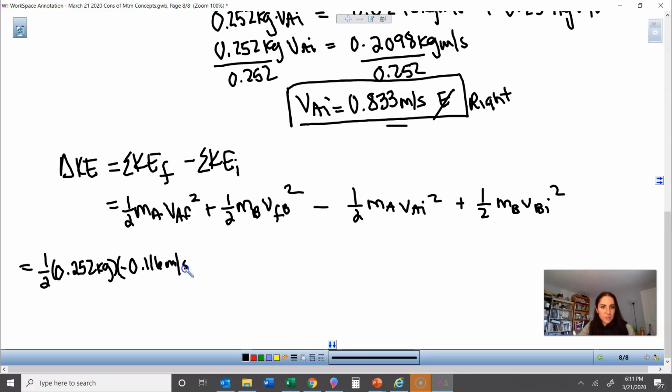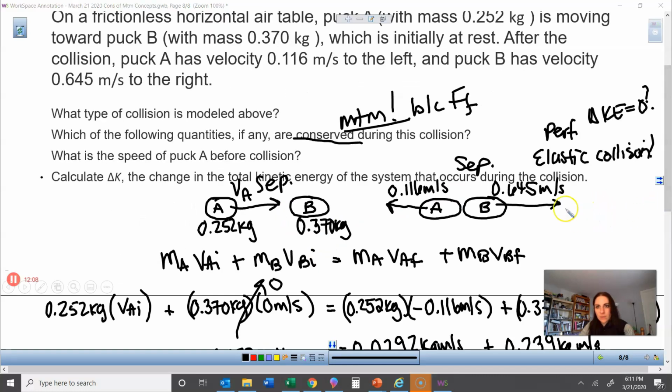So its final speed squared. Now, it doesn't matter that it's negative because the square gets rid of it, but just being true to the question. VF final, I forgot that one, 0.645.